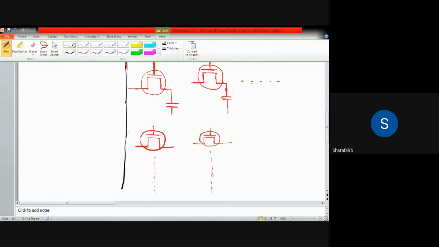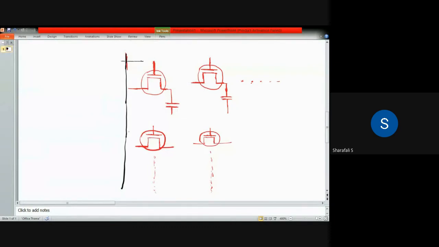This one will be the bit line, and the one which is going in this way is the word line. Here also we'll be having these lines.